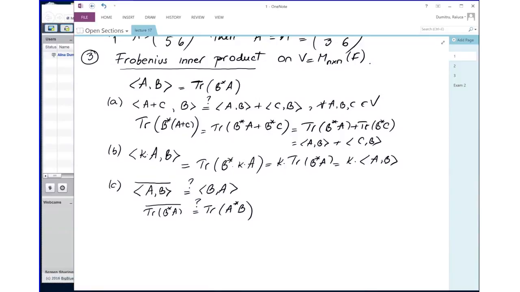What's the connection between A star B and B star A? Okay, let me ask you a different thing. What do you think happens if I take the adjoint twice? Because you take another transpose and another complex conjugate, so you go back to the original matrix. Okay. What happens if I have two matrices, like A star and B, and I want to take the conjugate of the product?